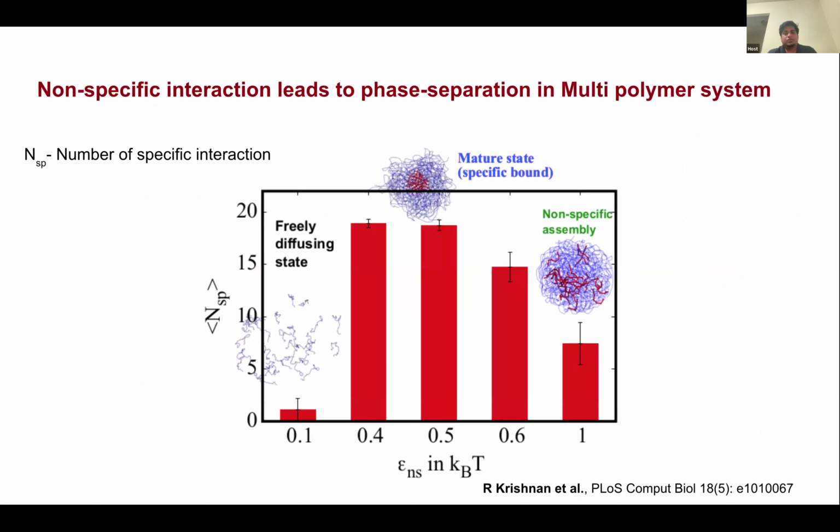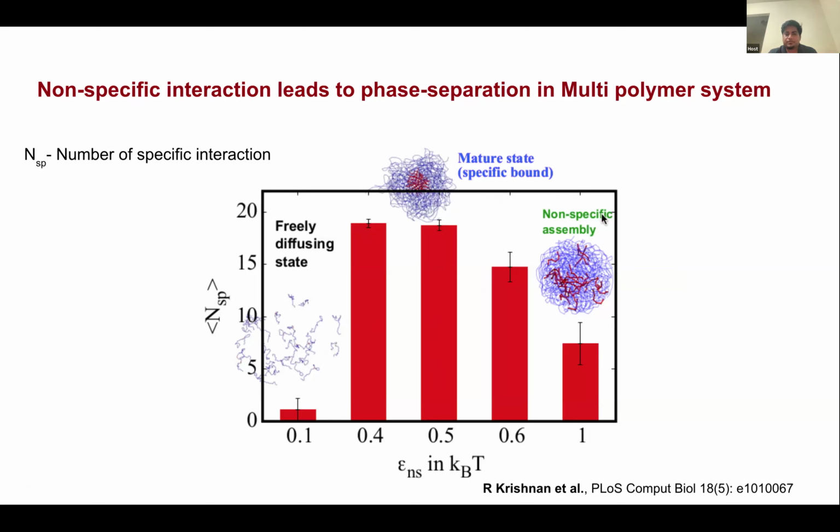Only in this study. When the non-specific interaction is low, the polymers tend to be in a freely diffusing state. They don't come nearby. They are freely diffusing in the simulation box. When there is an ideal interaction of 0.5 kT, there is a mature state where the polymers come together and reorganize themselves into a mature state where the red interaction is formed.